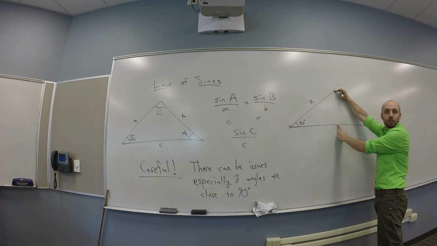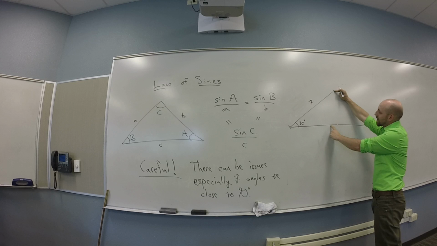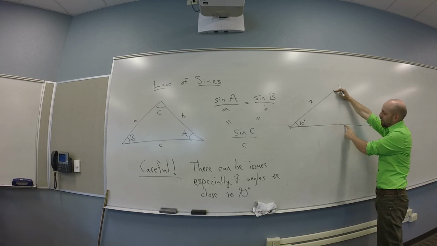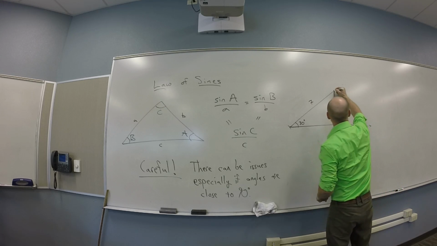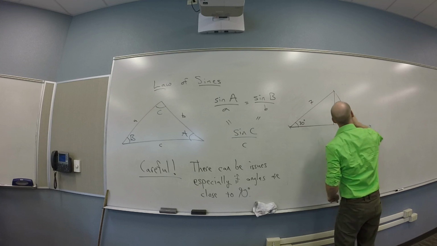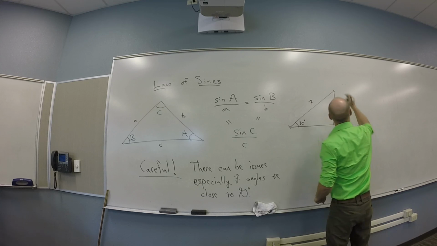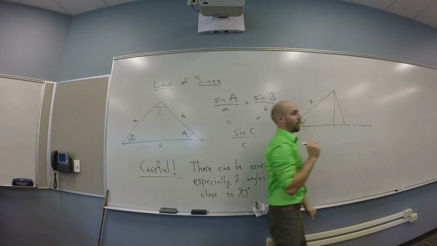But if I have a side that's just a little bit longer, that could go to either here or there. Oops, that one's clearly longer. Really needed a compass for this.